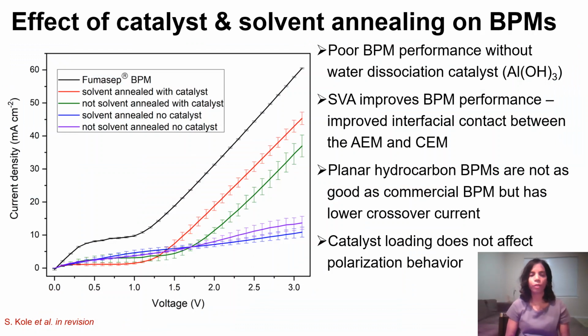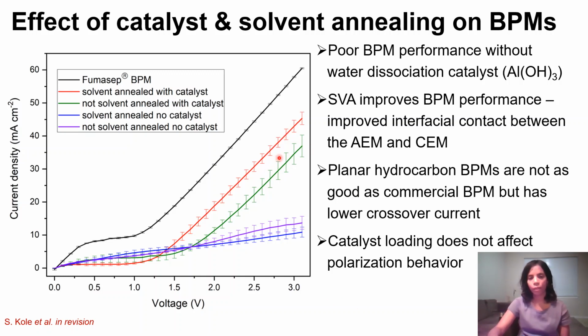Now moving on to the results. First of all, the effect of catalyst and solvent annealing on BPM performance was studied. So it's clear from this figure that solvent annealing and use of a catalyst improves the bipolar membrane performance in terms of current density as well as the onset potential for water dissociation.